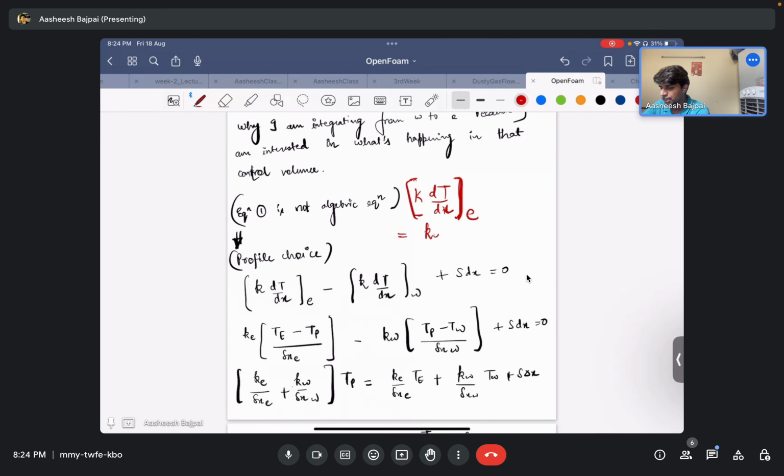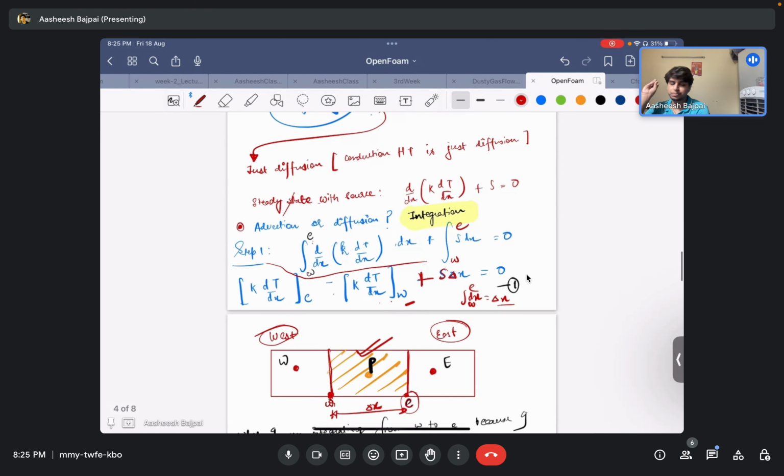So let's see that k is the value of heat transfer coefficient at eastern point. Let's assume anything. And dt over dx is what? dt over dx is the slope of the temperature from this point to this point.